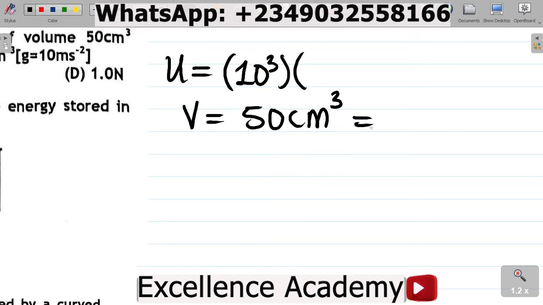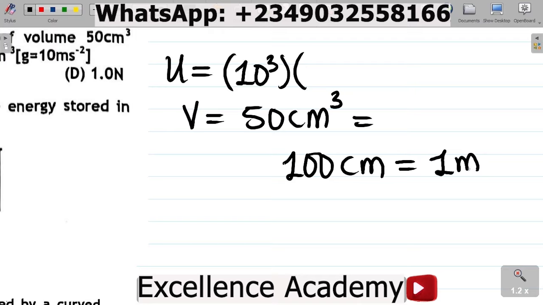How do we convert this? There's a shortcut. I could just give you a formula for this, but let me teach you how you do conversion. Here's how to do proper conversion. If I'm to convert from cm cube to meter cube, what do I do? Recall that 100 centimeters, from basic conversion, make 1 meter. If I want to get cm cube, all I have to do is cube this part here and also cube this part here.